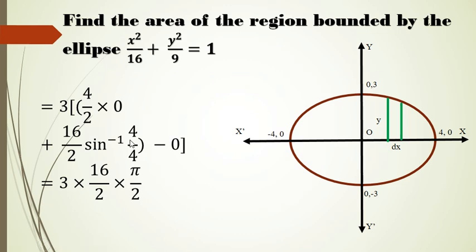So after the proper cancellation, we get 12 pi square unit. So the area of the region bounded by the ellipse whose equation is x square by 16 plus y square by 9 equal to 1 is 12 pi square unit.